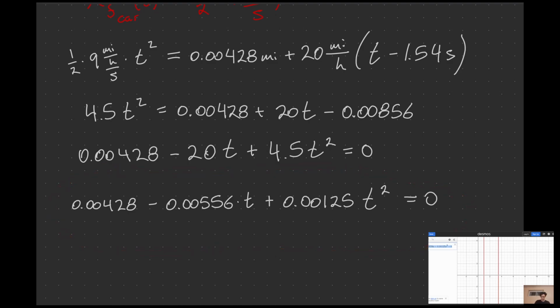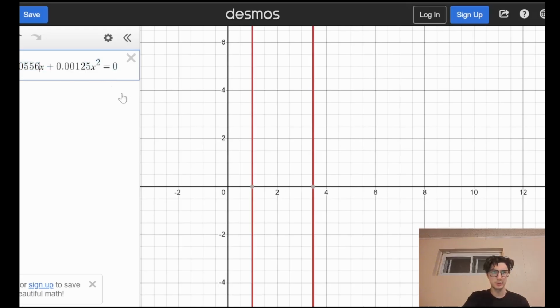If you want, you can use the quadratic equation, or you can just plot this in Desmos, and you're going to find the roots over here. There's two roots because quadratic functions have two places where they hit 0 most of the time. And this value at 1 second doesn't make sense because this happens before the bike has fully finished accelerating.